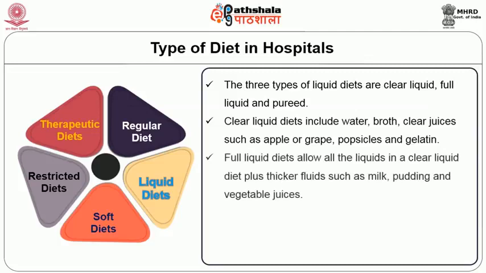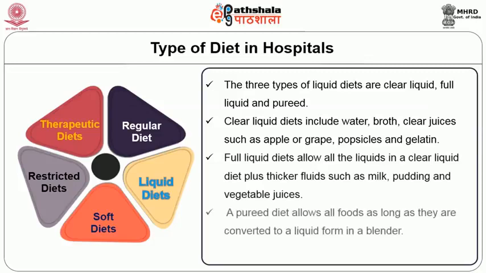Full liquid diets allow all the liquids in a clear liquid diet plus thicker fluids such as milk and pudding, and vegetable juices are also added in this second stage. A puree diet allows all foods as long as they are converted into liquid form in a blender. So these are all the liquid diets: clear, full fluid and puree diets.